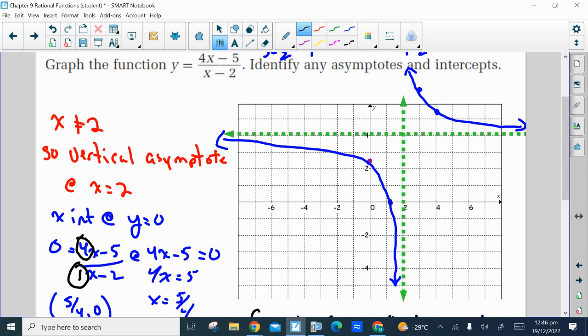If we were asked to state the domain and range of this, we could write our domain as all values of x such that x cannot equal positive 2, but otherwise all real numbers. Our range, all values of y such that y cannot equal positive 4.